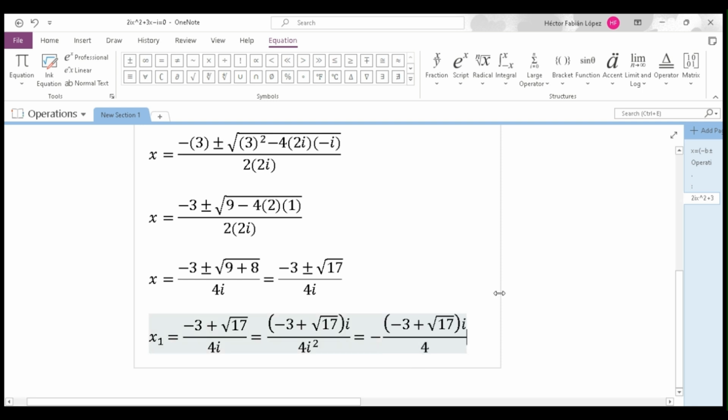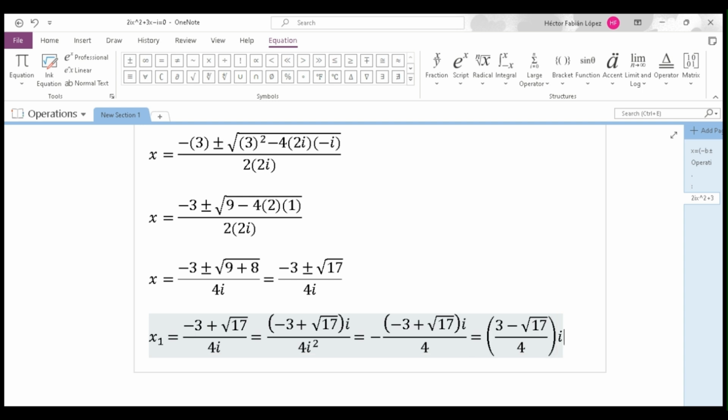It's the same to say that, this negative we will multiply by negative 3 and square root of 17. Then we will have 3 minus the square root of 17, all over 4i, in parentheses. And here we have the first result.